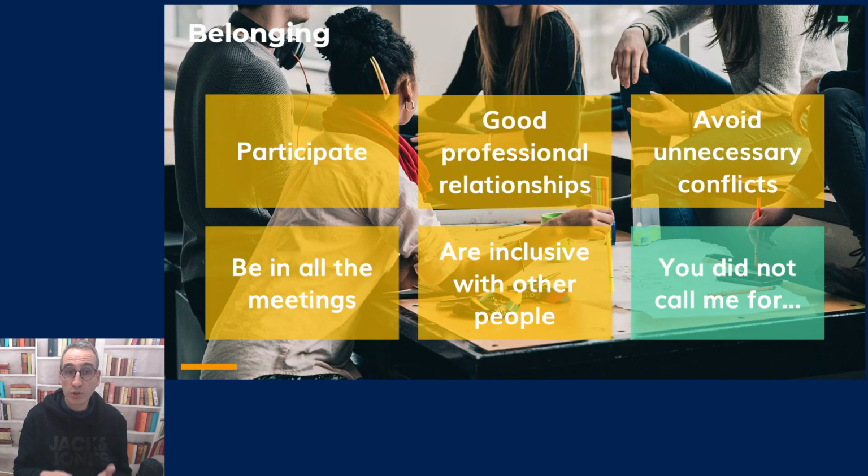The third motivation style is belonging or affiliation, as McClelland says in his theory. These people really like to participate, to be part of a group, to be called every single time the group does an activity, to be in all the meetings, for instance. And there's this element of having very good relationships with people.